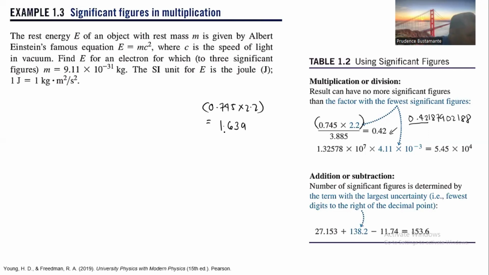I just want to point this out because it's very important. What happens here? If you apply the rule right away, you have 1.6. Then 1.6 divided by 3.885, what would happen?